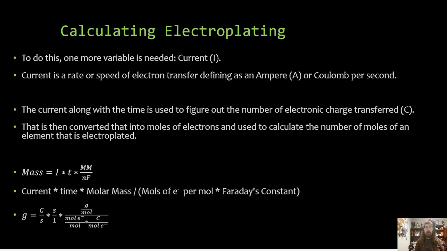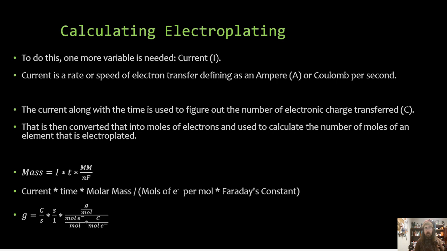So just like a velocity might be a meter per second, a coulomb per second is how many charges, how many electrons, are essentially transferred in a period of time. So if we use the coulombs along with a time and the molar mass and our N and F, we can essentially calculate how long it would take to transfer so many moles.